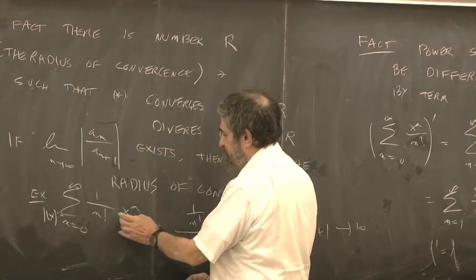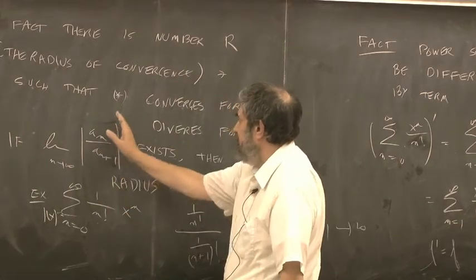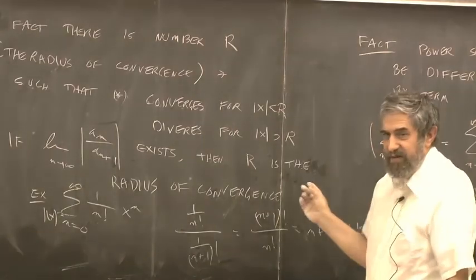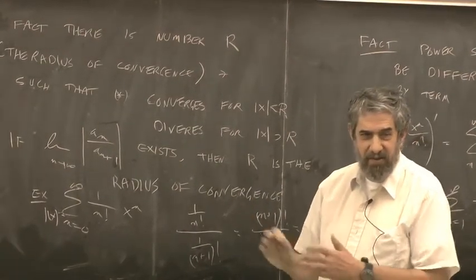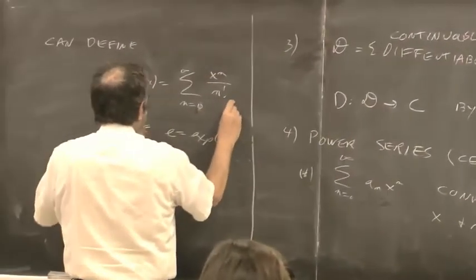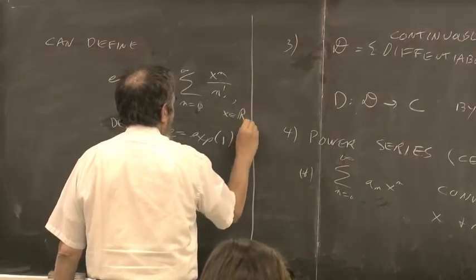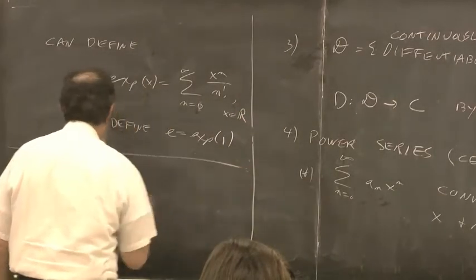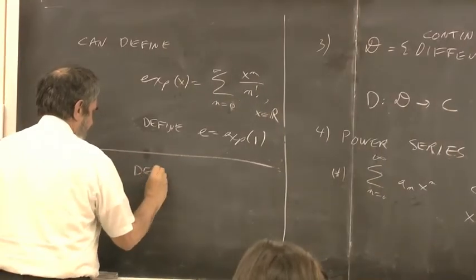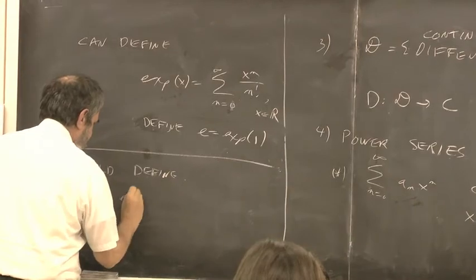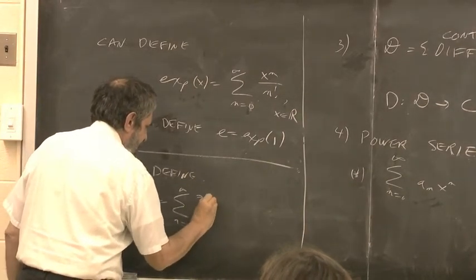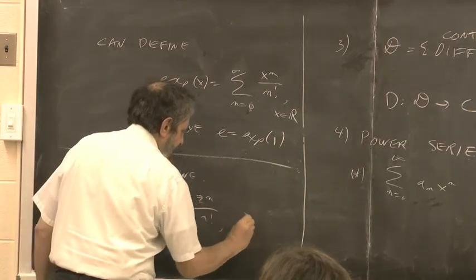If we put a complex number z in, the radius of convergence still works out the same. We'd still get an infinite radius of convergence. We originally defined it for x in R, but we could, in fact, define e to the z to be the sum from n equals 0 to infinity of z to the n over n factorial for any complex number.